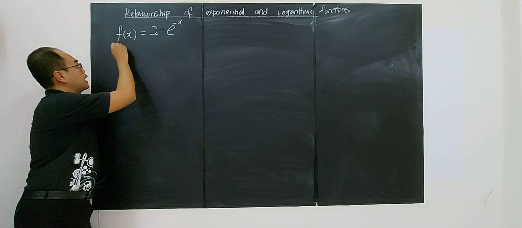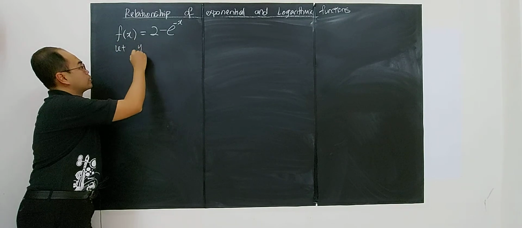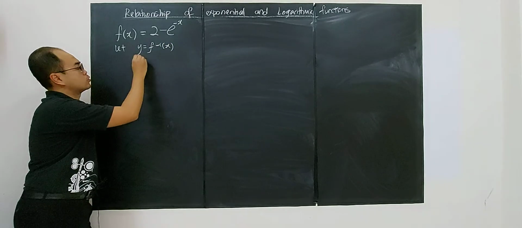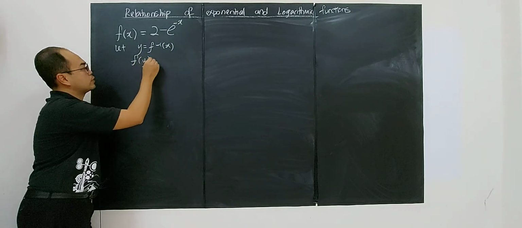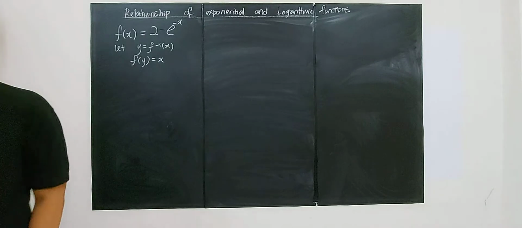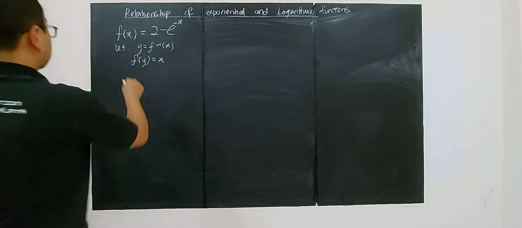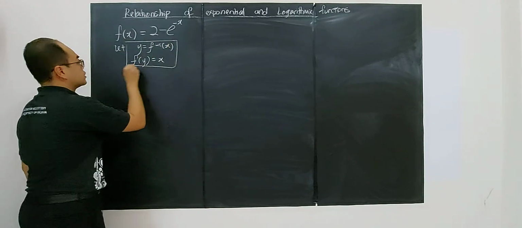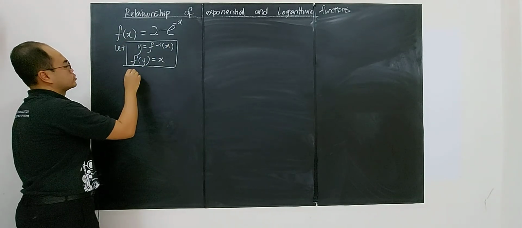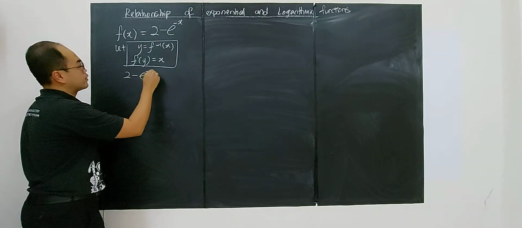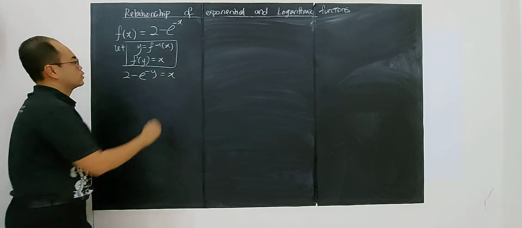So you're going to let y equal f inverse of x, right? So then you know that f(y) will be equal to x. By using this technique, you can find the inverse of f(x). Putting y into this, you have 2 minus e to the power of negative y, which is equal to x.